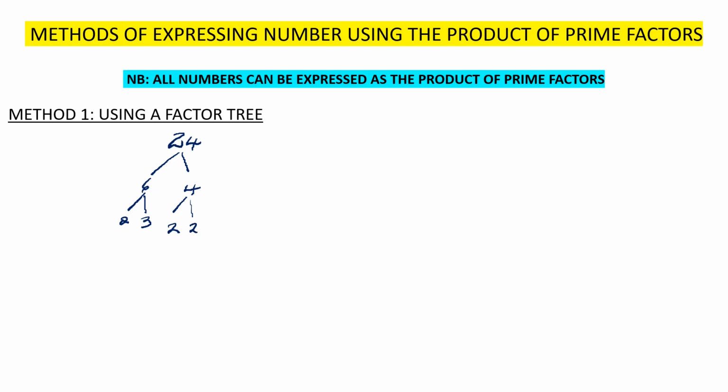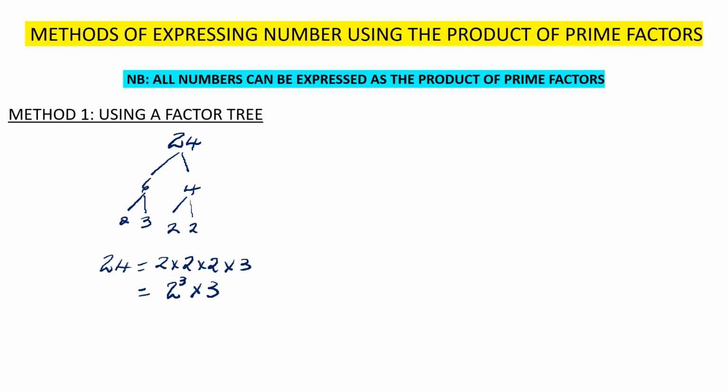Now if you notice, these are all prime numbers. So we say that 24 is equal to 2 times 2 times 2 times 3. And we want to express that in index form. It is 2 to the third power times 3.